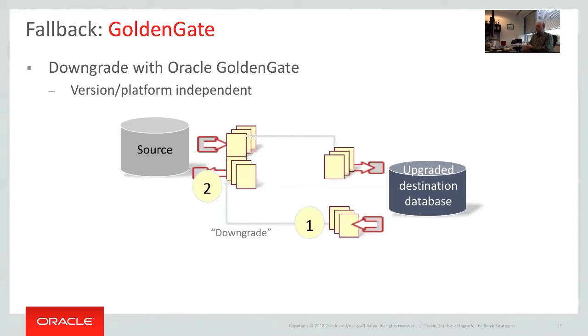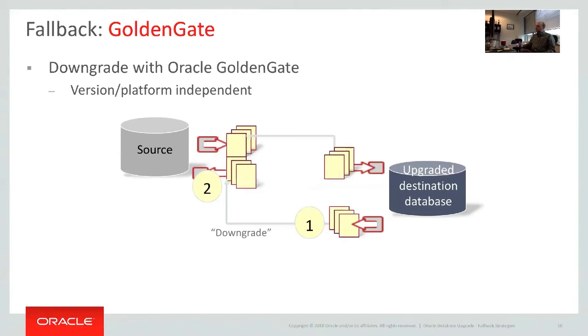Another way you could use GoldenGate in a fallback is combined with Data Pump. If you have your upgraded destination database, let's say you upgraded from 10.2.0.5 to 12c, and you need to downgrade, but you don't want to go all the way back to 10.2.0.5, so you use Data Pump and maybe go back to 11.2.0.4.